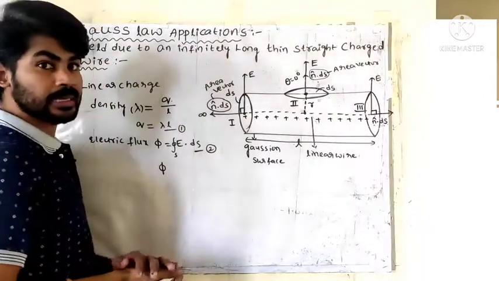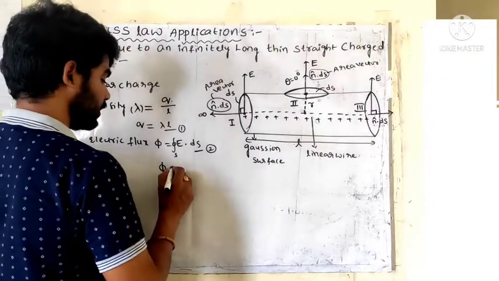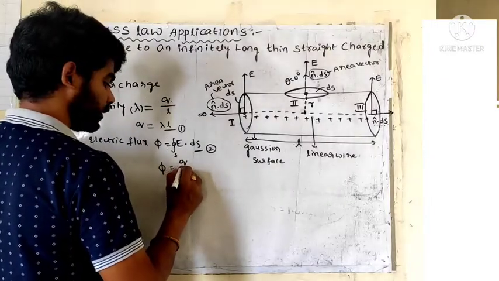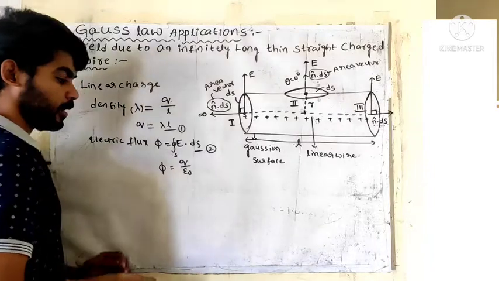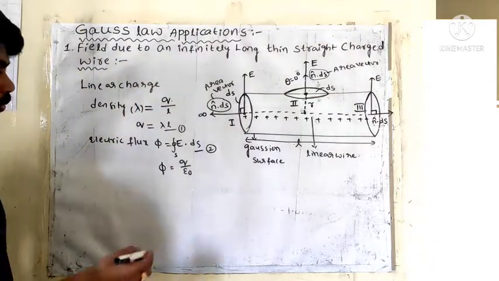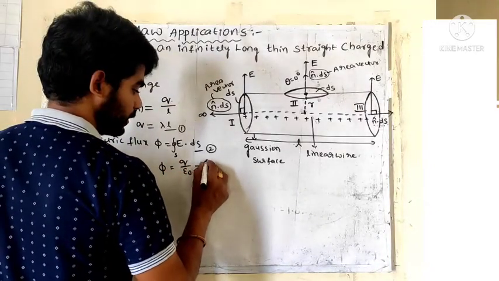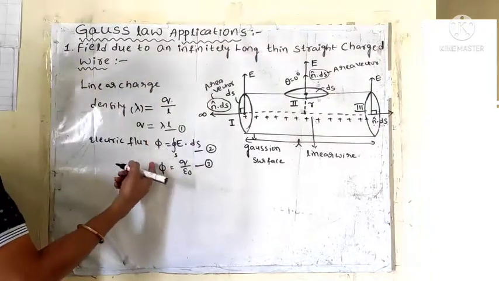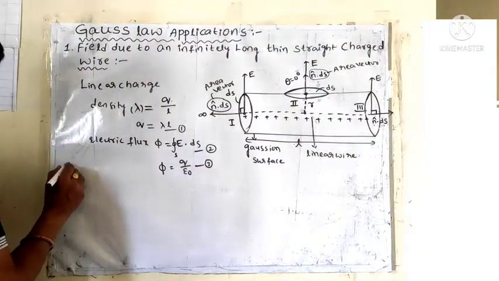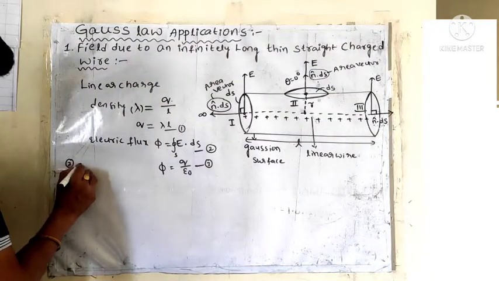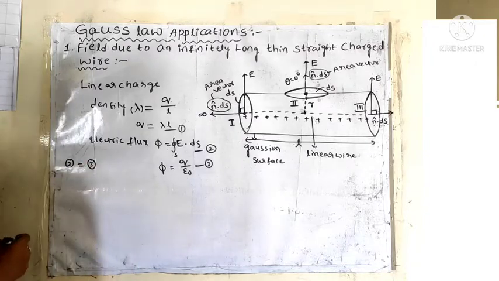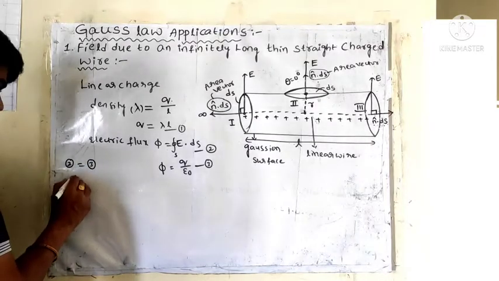According to the Gauss law statement, phi is equal to q by epsilon naught, so this is equation 3. Equate equations 2 and 3. Can I write like this?